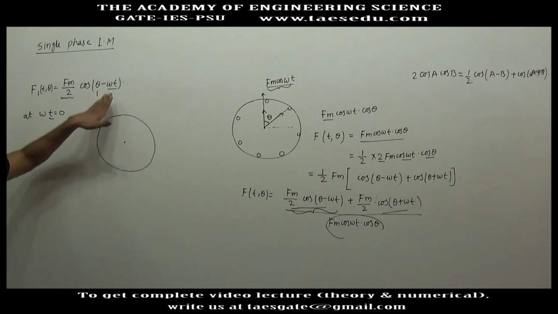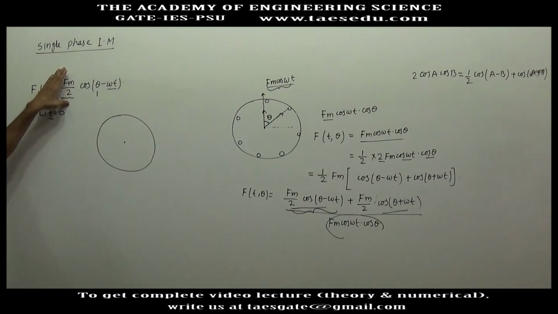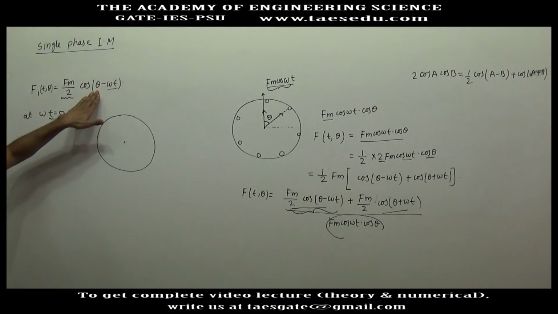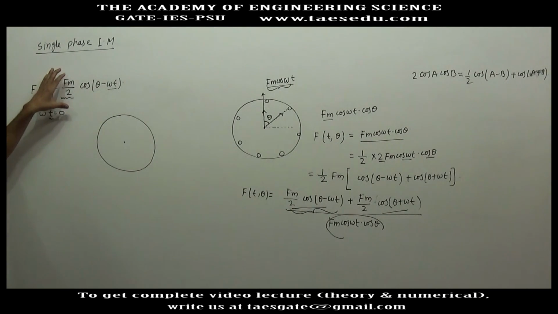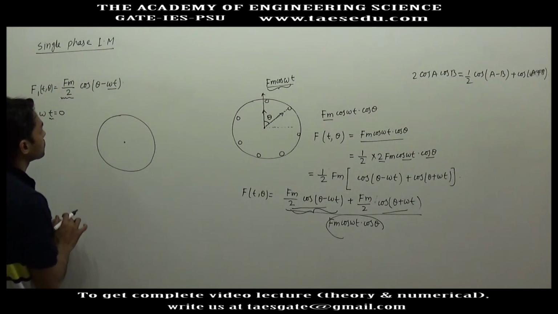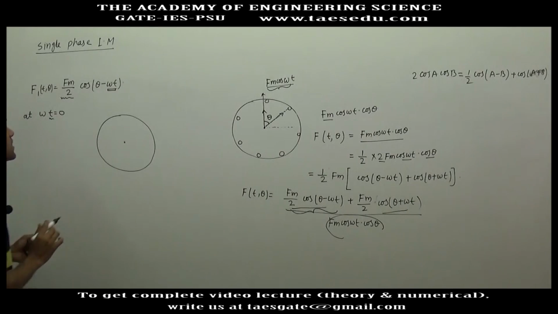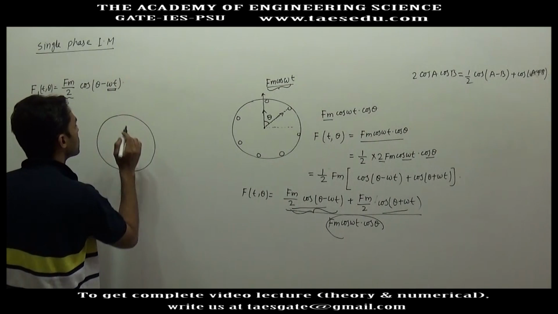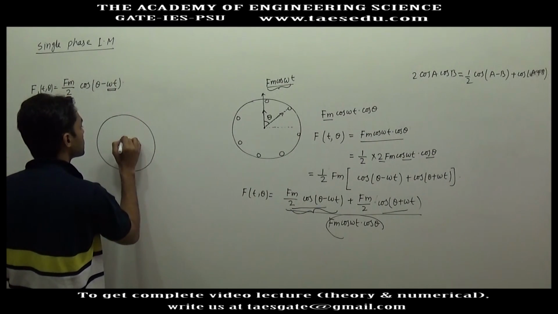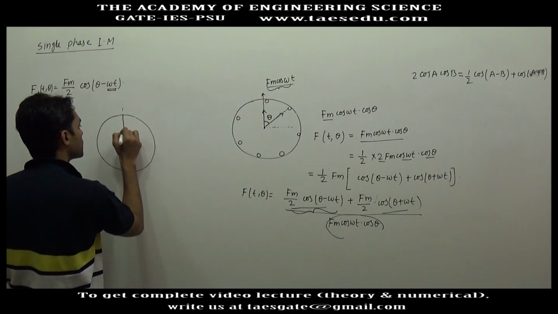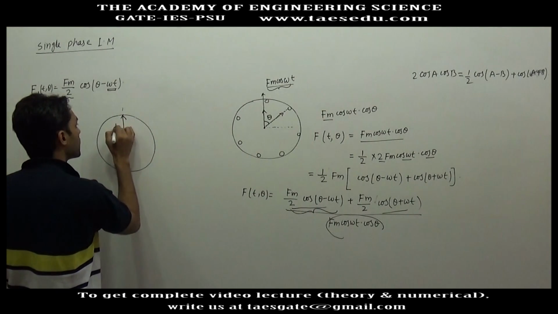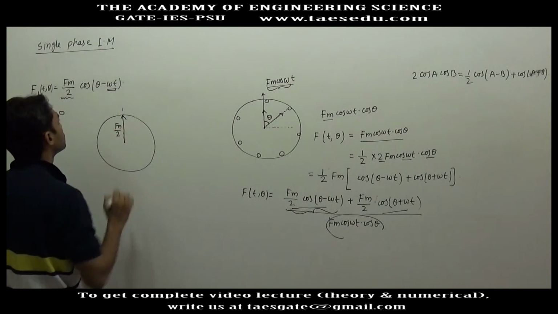We will put different values of omega t, and try to find out the angle or direction in which the magnetic field will be maximum. So for omega t equal to 0, the maximum magnetic field is in theta equal to 0 direction, where we have Fm by 2.